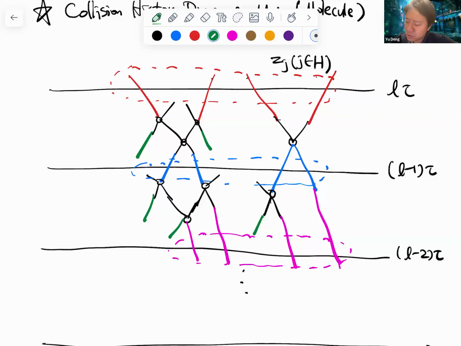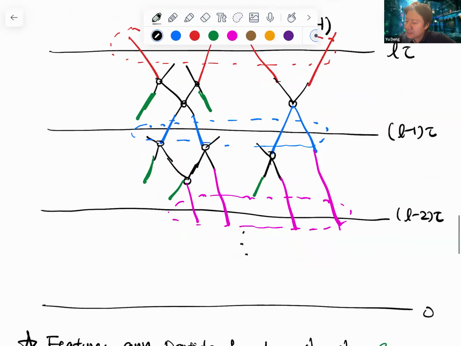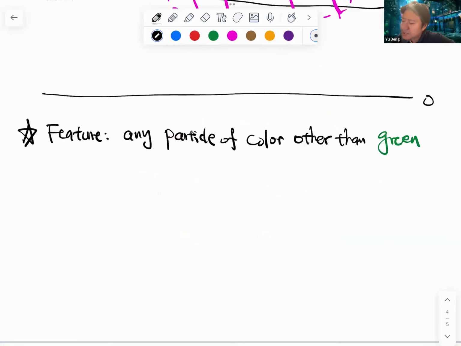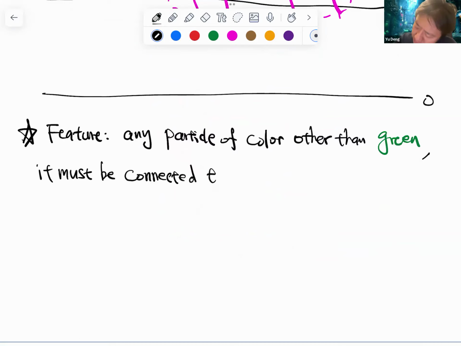So remember this green here at this level, and this green occurs at this level. So for any particle of any color other than green, it must be connected to another particle of the same color.